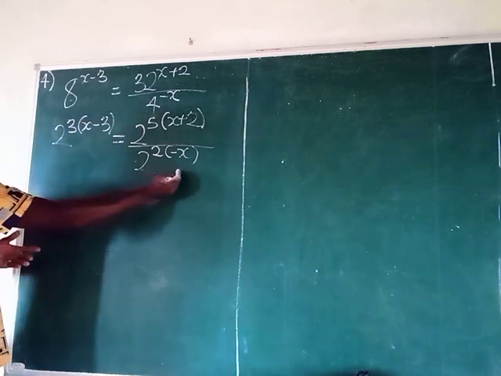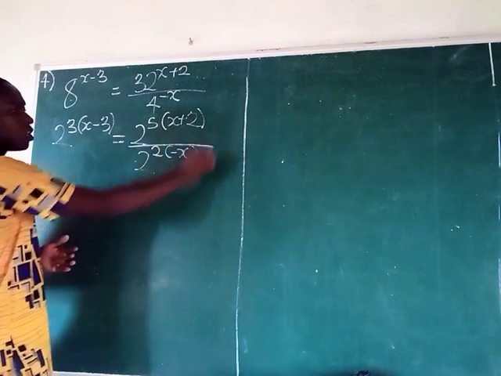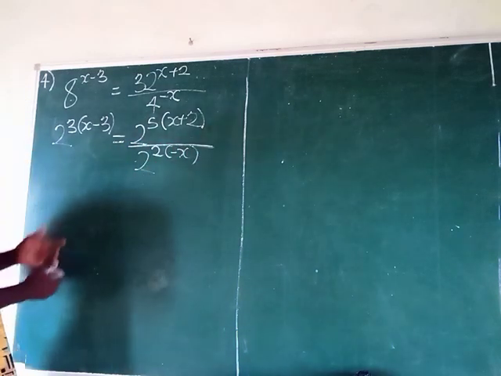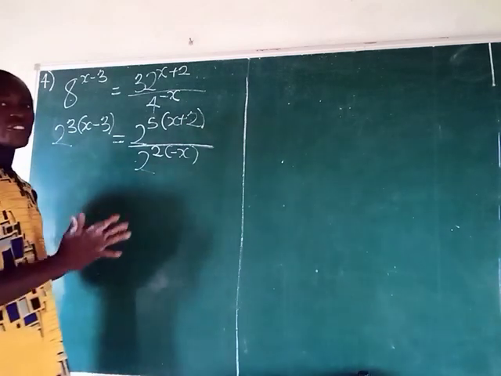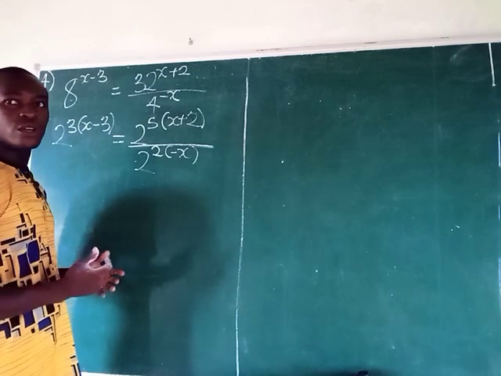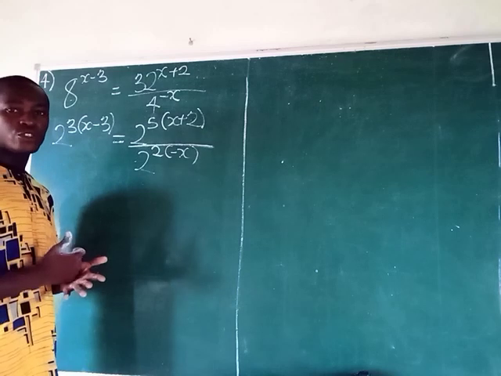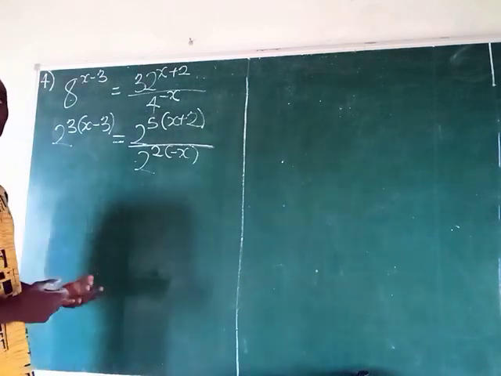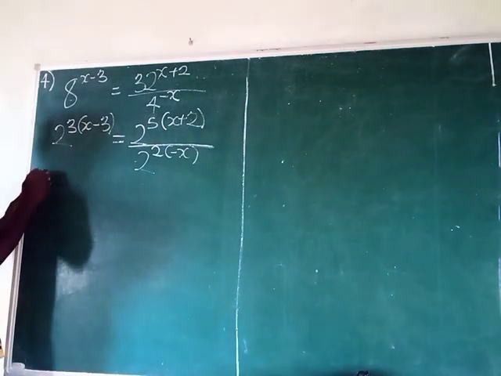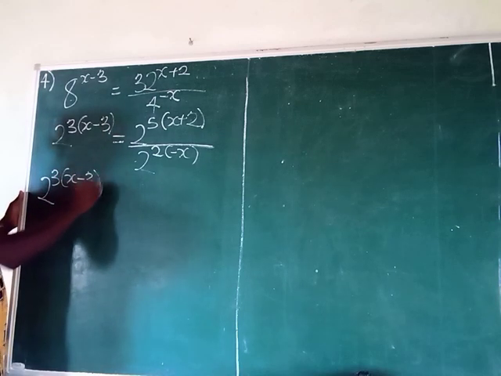So what are we going to do next? Now, look at the right hand side. We have a division problem. Do you remember the law of indices that says that when you have two numbers of the same base dividing each other, you take out their common base and subtract their powers from each other? So in essence, we have 2 to the power of 3 bracket x minus 3.